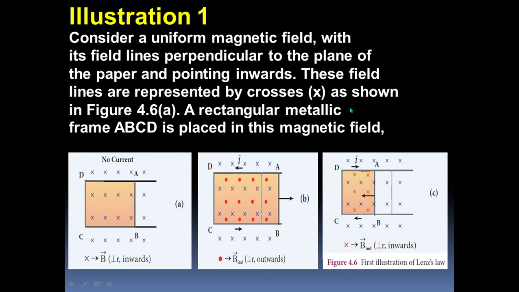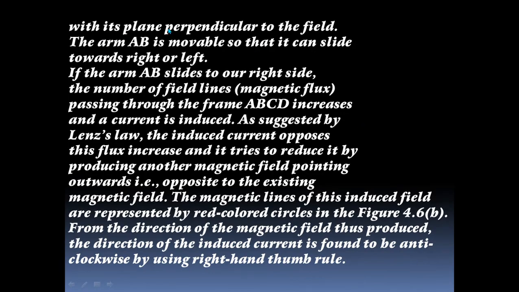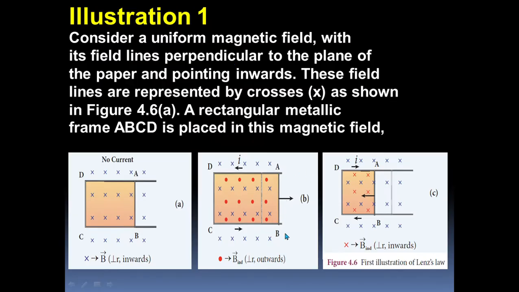A rectangular metallic frame ABCD is placed in this magnetic field with its plane perpendicular to the field. The arm AB is movable so that it can slide towards the right or left. When we move it towards the right, the maximum magnetic lines of force pass through this rectangular frame.